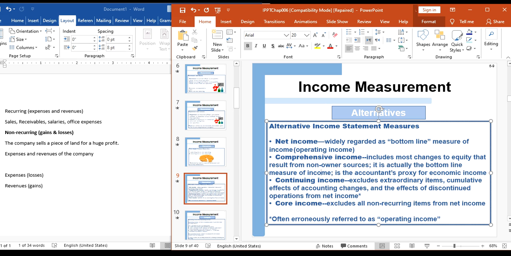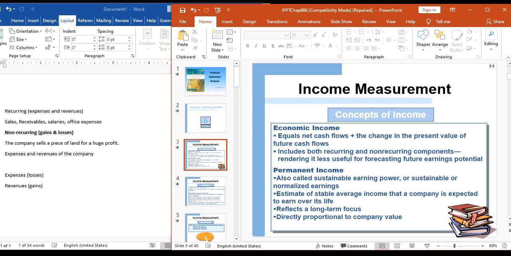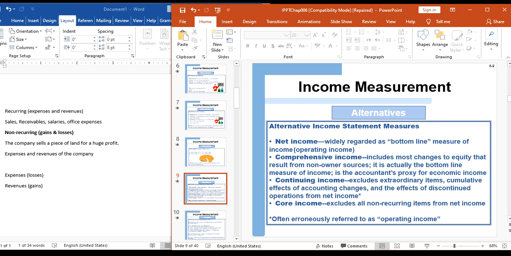We have also continuing income, which is equivalent to permanent income, the earning power of the company, and this excludes extraordinary items. We will learn what the extraordinary items are.